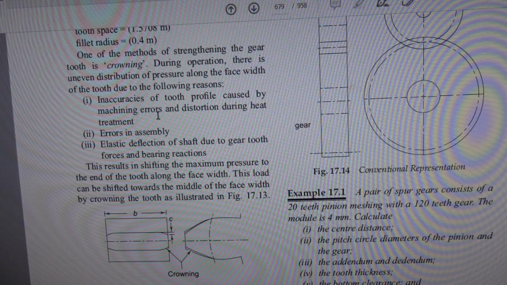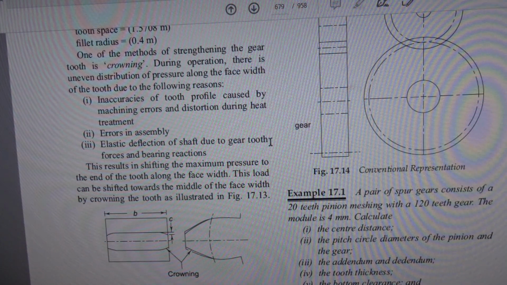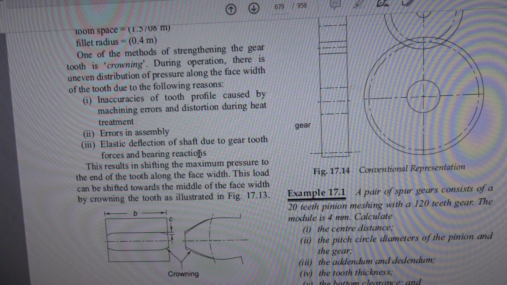The reasons are: inaccuracy of the tooth profile caused by machining error and distortion during heat treatment, error in the assembly, elastic deflection of the shaft due to the gear tooth forces, and bearing reactions. These result in shifting the maximum pressure to the end of the tooth along the face width.